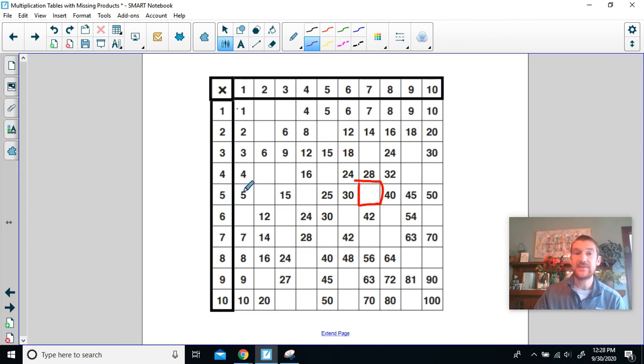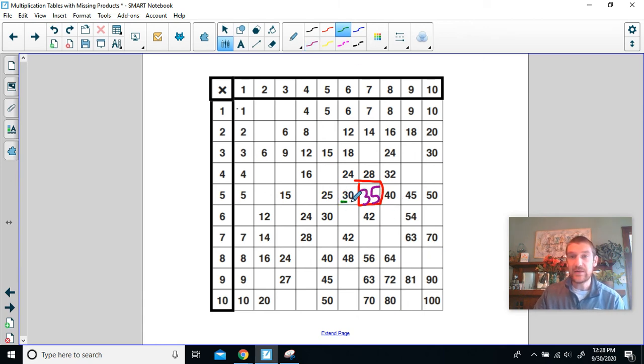So I could think about this as saying 7 5s, 1, 2, 3, 4, 5, 6. This is the 7th 5. Okay. Or I could think about this as the 5th 7, 1, 2, 3, 4, 5. Okay. So this is saying 5 times 7, which is 35.